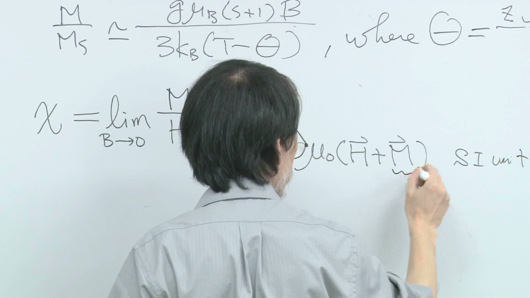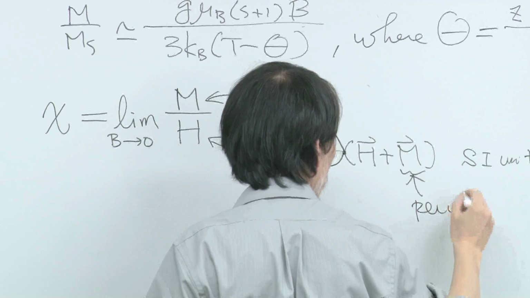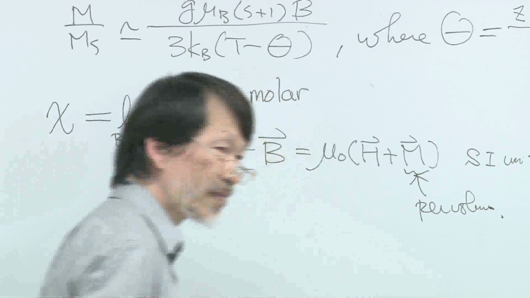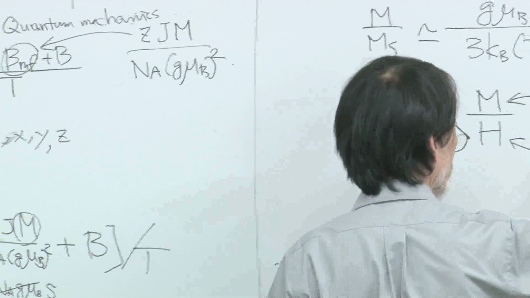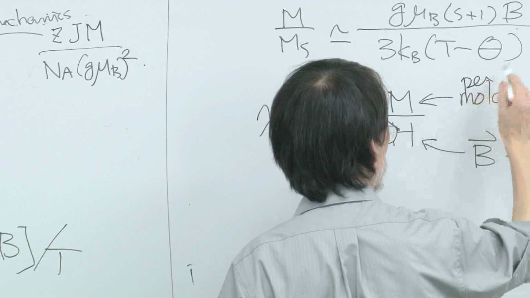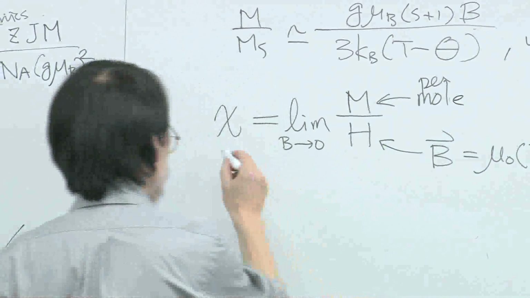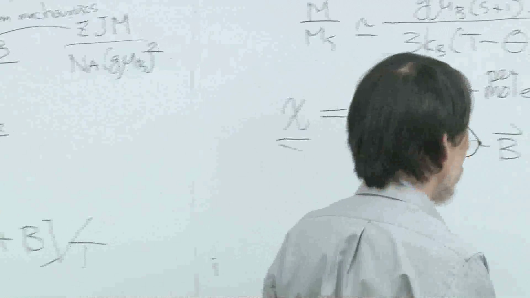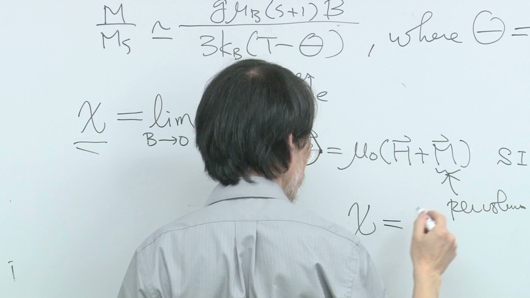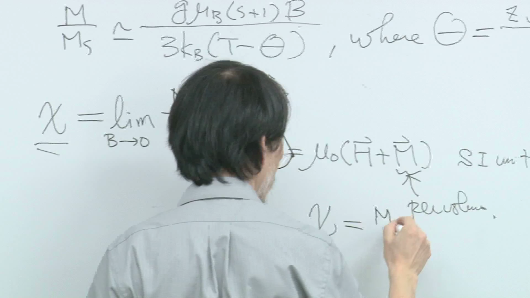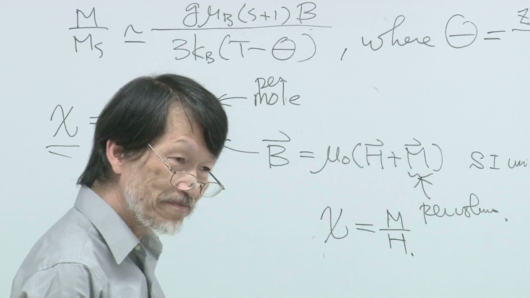Okay, but this magnetization is per volume. Similar to this, we use the molar magnetization per mole. So the definition of molar susceptibility is analogous to the magnetic susceptibility defined in electricity and magnetism in undergraduate physics.